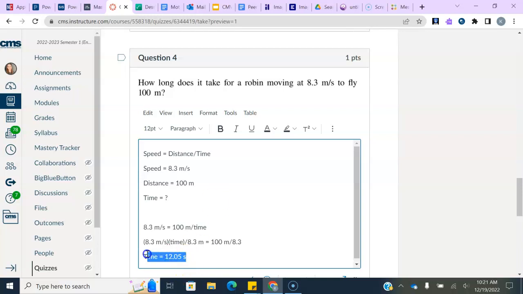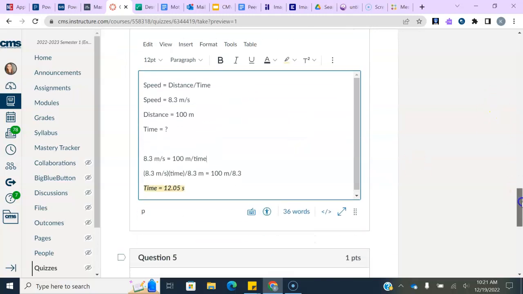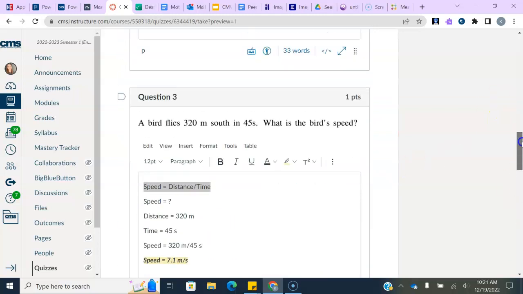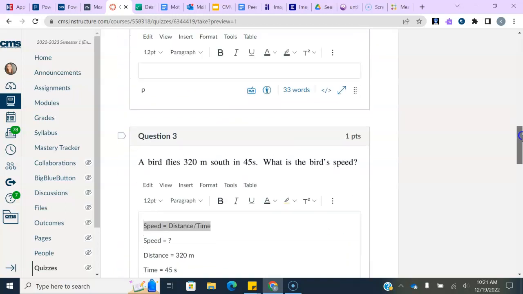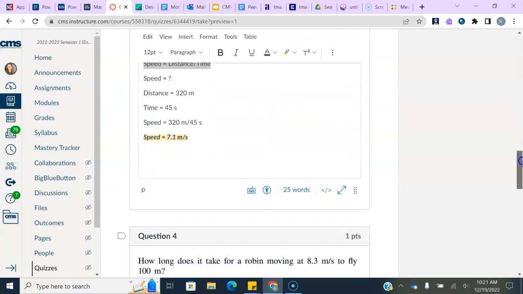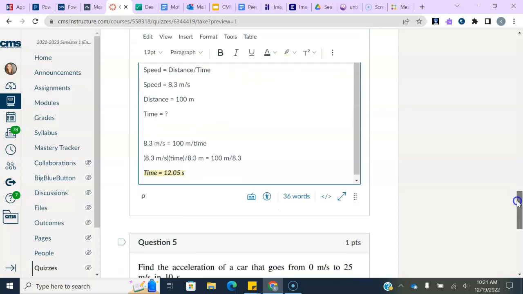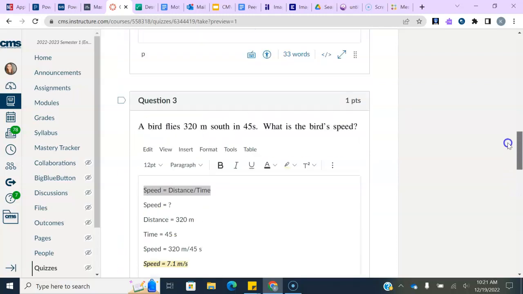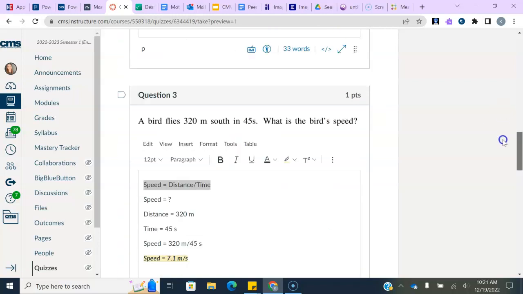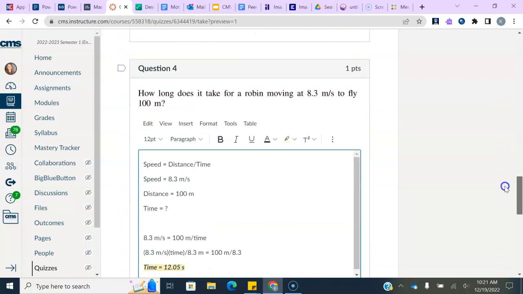Okay, that is our answer. And so all of these, 2, 3, and 4, are all that speed equation. So speed is equal to distance over time. It's just we're solving for different variables. So that's examples of how you can solve for each variable.